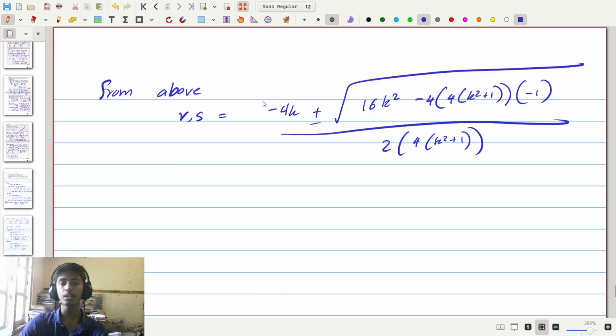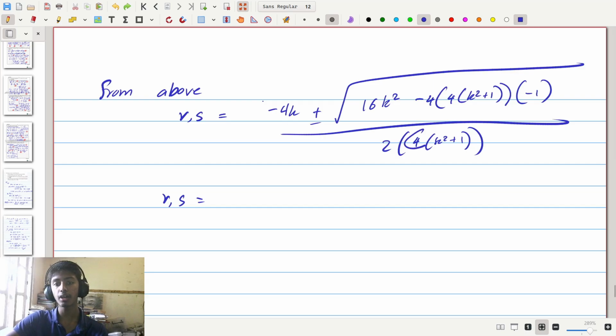Now if we take a look here, we can see we can simplify certain things. If we take r, s here, we have a 4k here, we have a 4 in the denominator, and inside the square root we have a factor of 16 here, and inside here we have a 4 times a 4, which means we have another factor of 16.